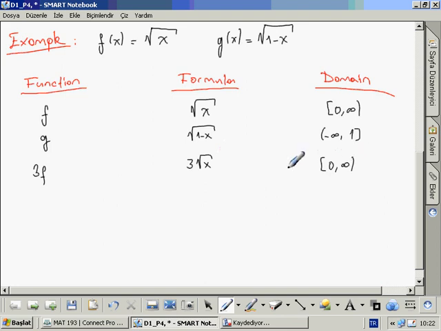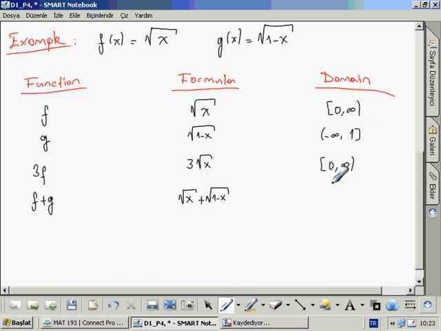And f plus g, the combination of f and g, what can we say about this? Our formula will be square root of x plus square root of 1 minus x. And what can we say about its domain?